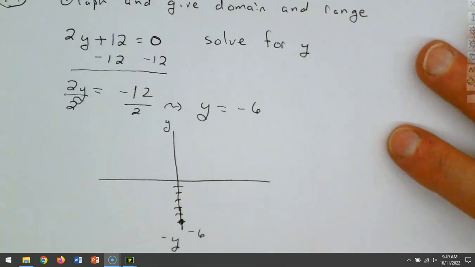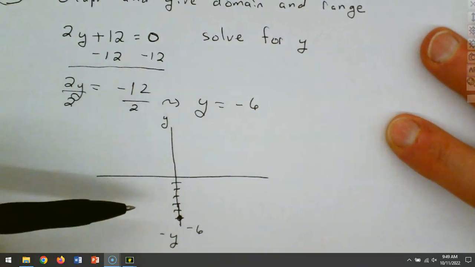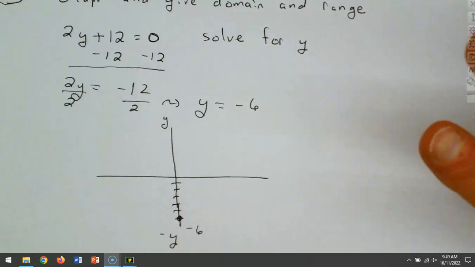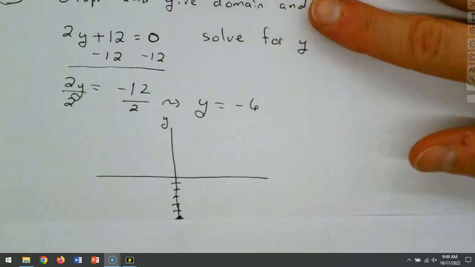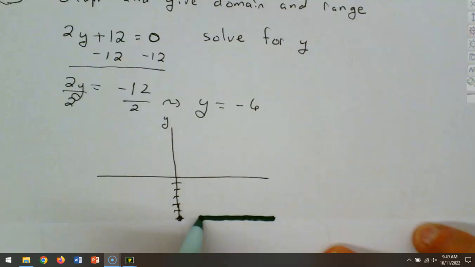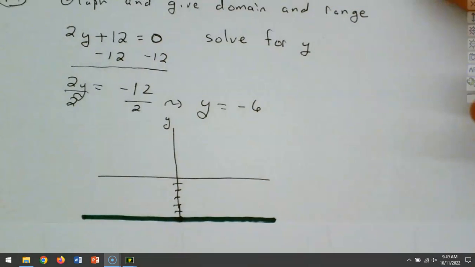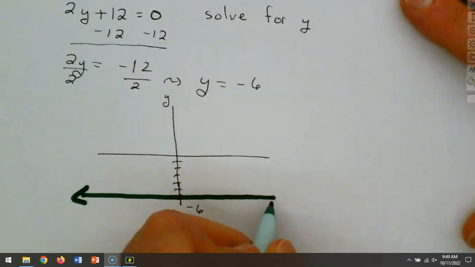Now, which way is it going to go? It's not going to go up and down, right? Because it doesn't go through the x-axis. It goes through the y-axis. We don't have any x's. So therefore, in this case, we only have a y part. So in this case, it's going to be a nice horizontal line. Okay? And it goes through that negative 6.